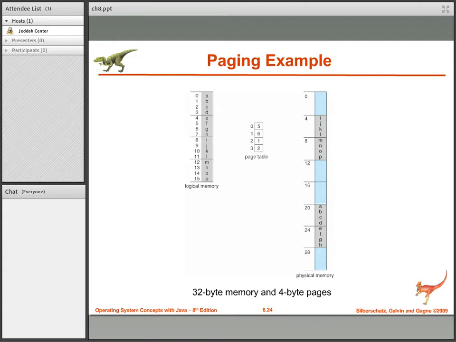We are starting the numbering from 0. So frame number 5 will be the 6th frame in the physical memory.